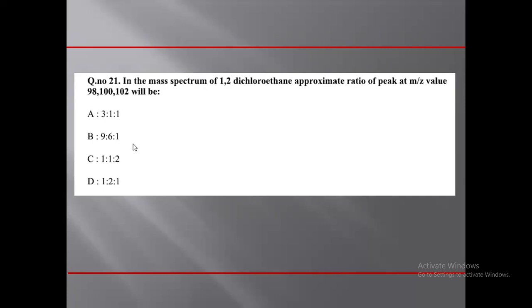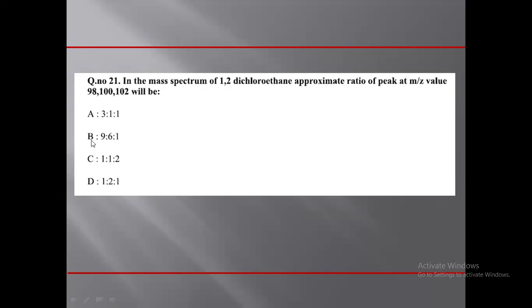For chlorine, as well as bromine, you can take the formula: A is equal to 3, B is equal to 1. So A square plus 2AB plus B square. By using this formula, we can calculate the M by Z peak ratio. So here option number B is correct.